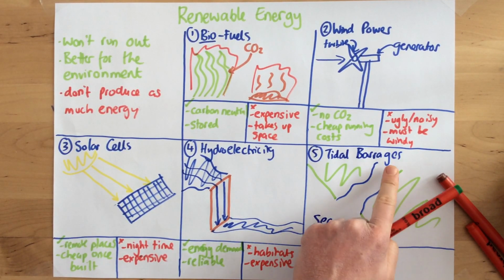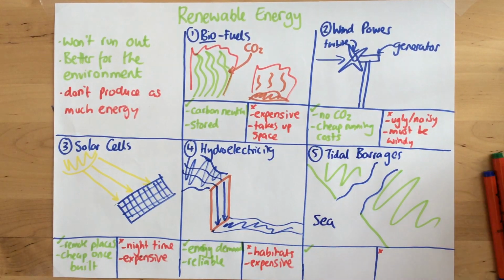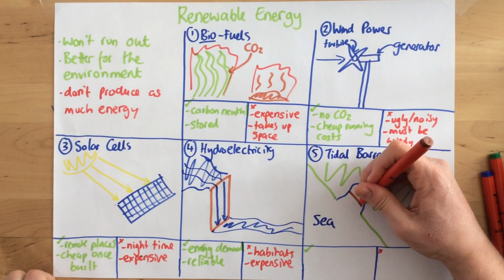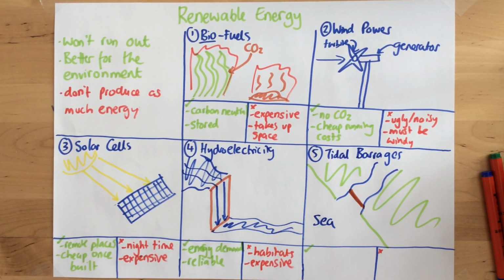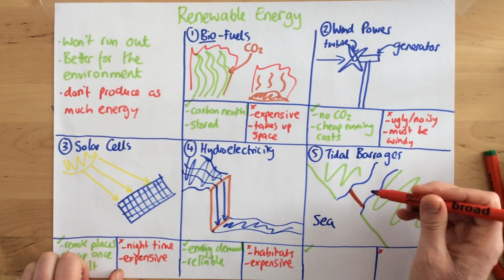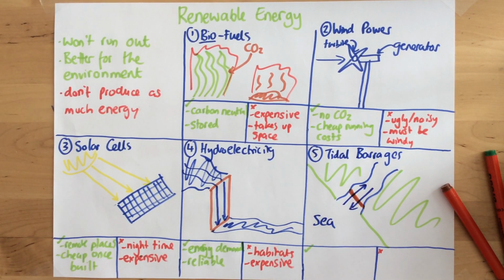So where you have the river meeting the sea, you have an estuary, which is just the name of the bit where the river meets the sea. And the tidal barrage is built over the estuary. Now the way that it works is, again, we have turbines within the dam that turn when the tide comes in and when the tide goes out.